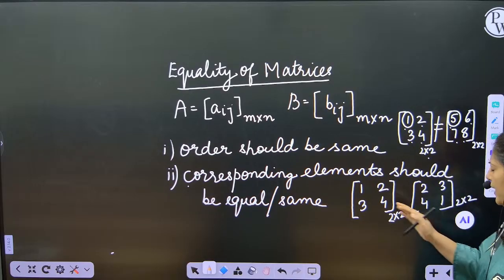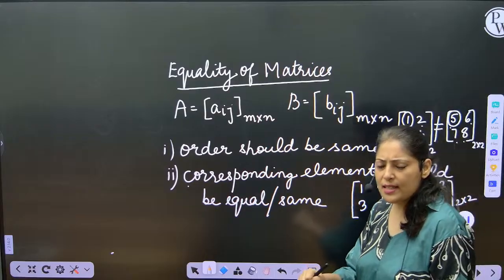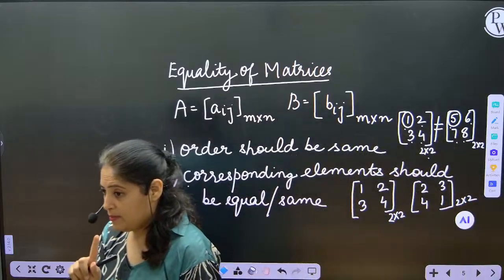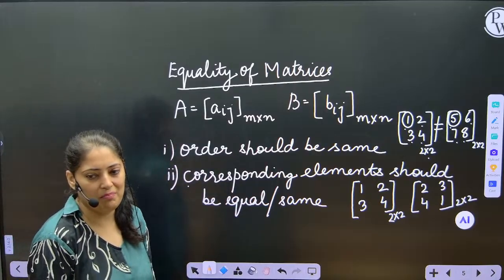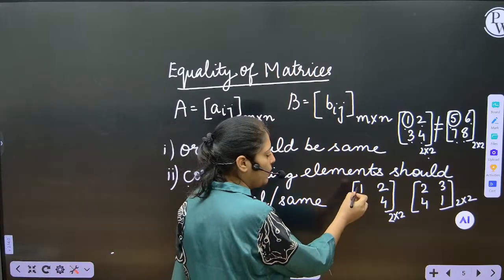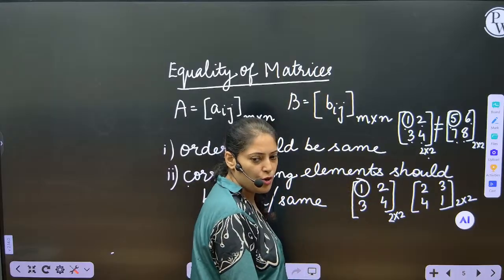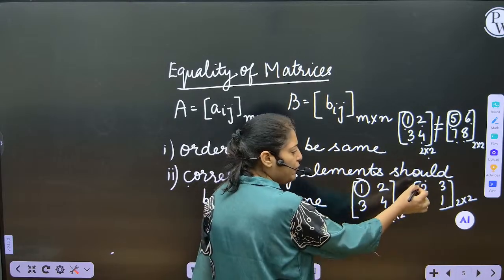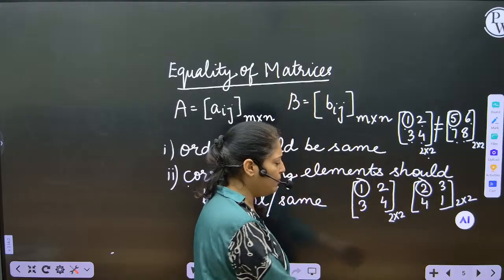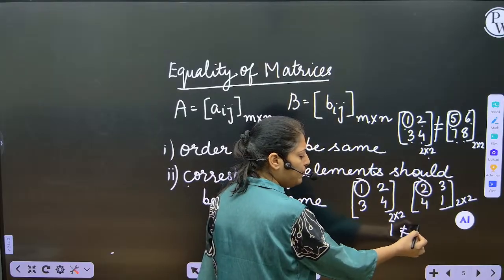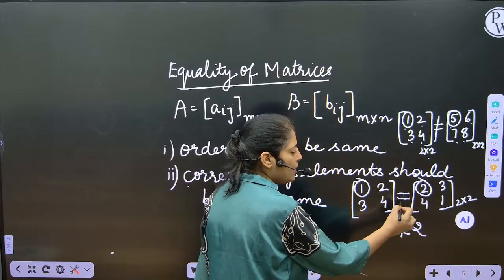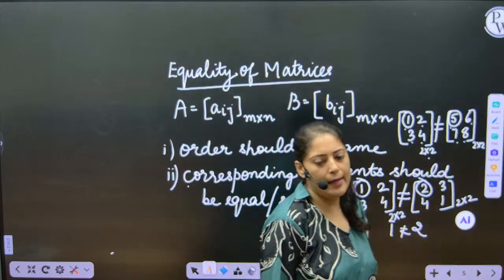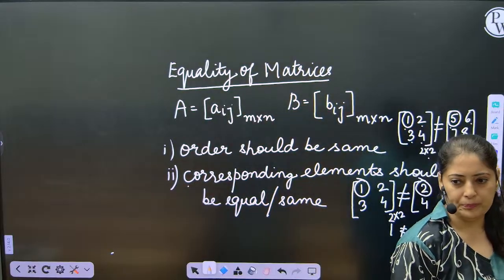Elements also I can see are the same, but corresponding elements are not same. Corresponding means what I told: first row, first column. 1 is not equal to 2, no? So again, these two matrices are also not equal. Simple.